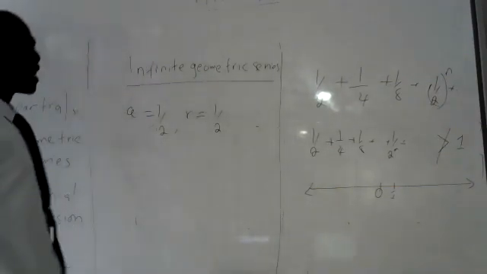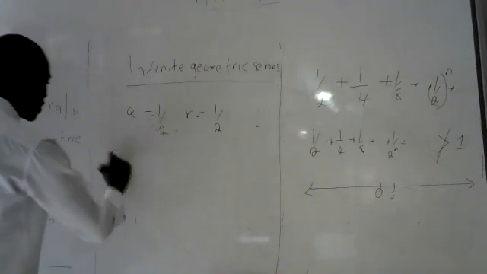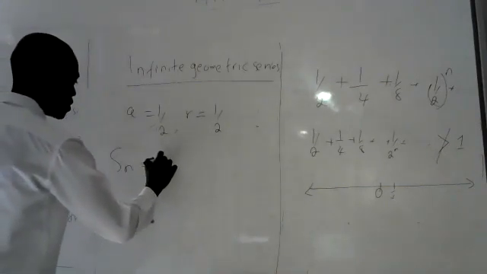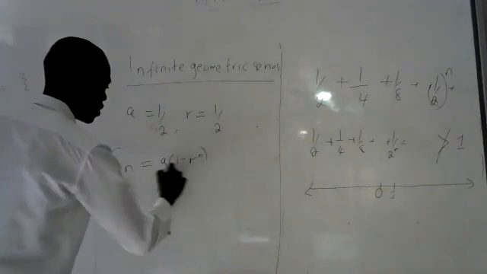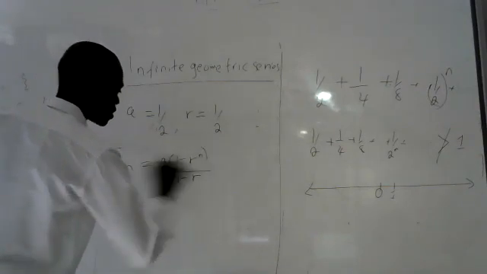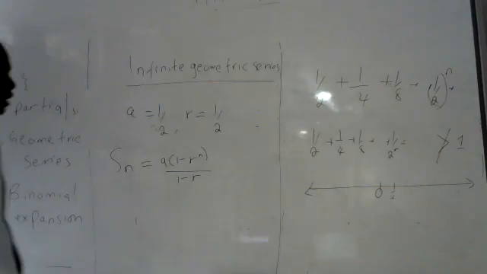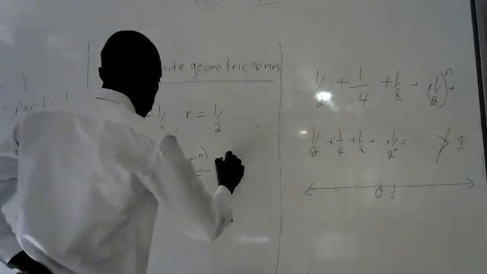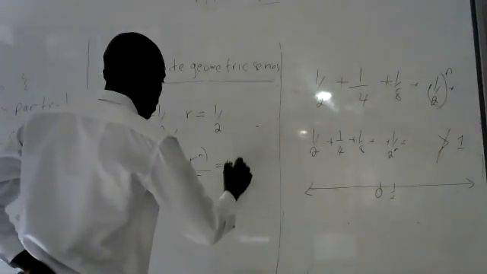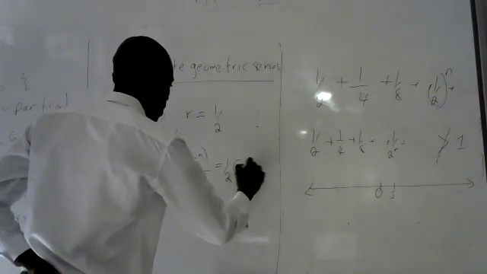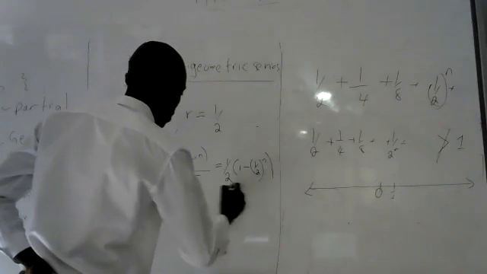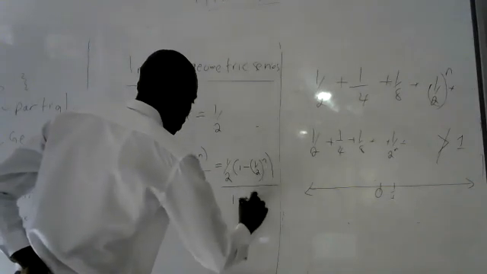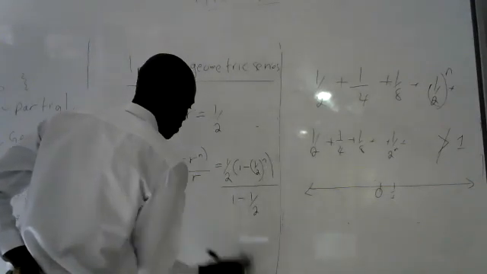So how do you find the sum of n terms? The sum of n terms should be A times (1 minus r^n), all of this divided by 1 minus r. So this should be a half, that is A, then 1 minus a half raised to n, all of this divided by 1 minus a half.